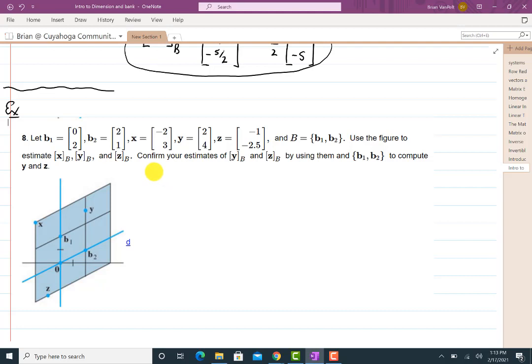So let me start with x. Let me figure out what xb will equal, in terms of b1 and b2. So right here is my x. Here's the origin. And if I go up to here, that is 2b1 right there.